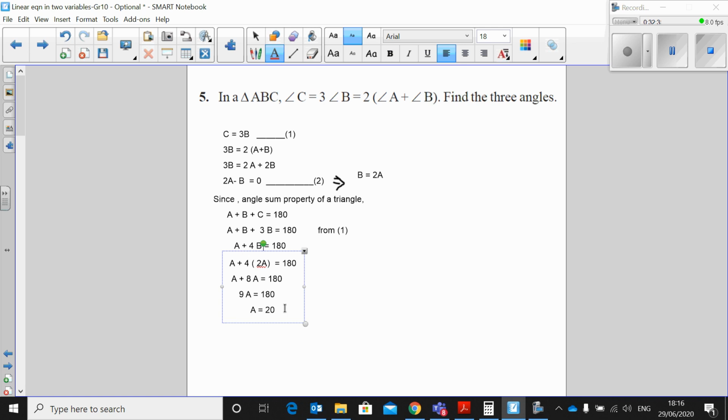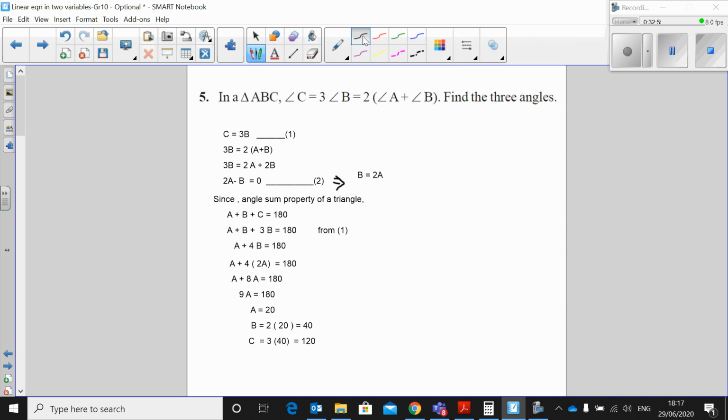Correct? When A equal to 20 degrees, what is B equal to? B is equal to 2 times A, correct? So B is equal to 2 times 20, which is equal to 40 degrees. Now let us find out C. Angle C is equal to 3 times B. So 3 times 40, which is equal to 120 degrees.